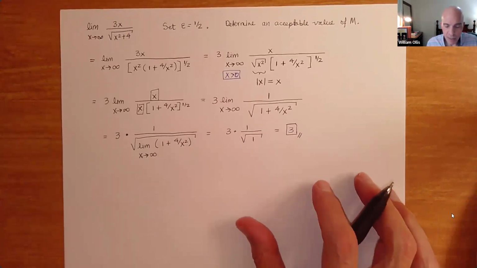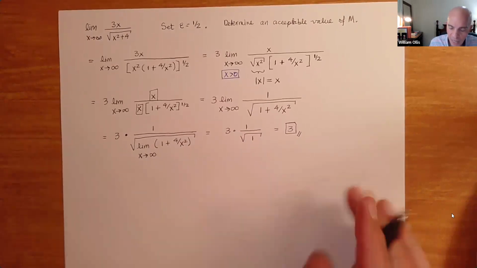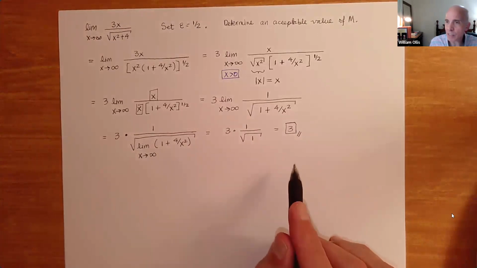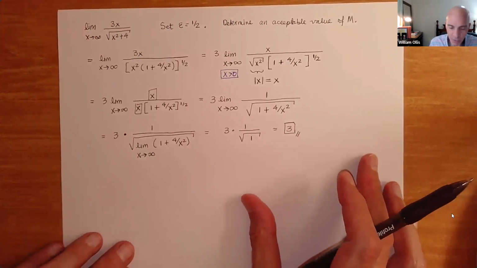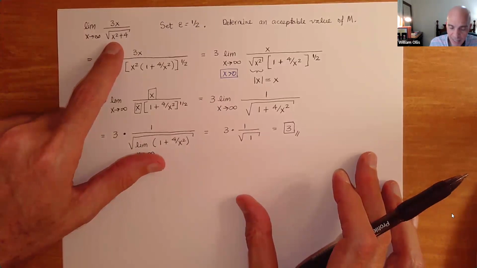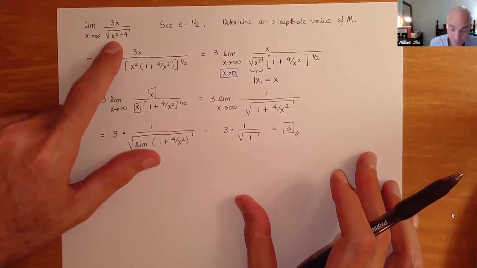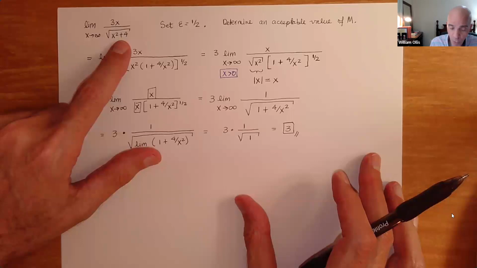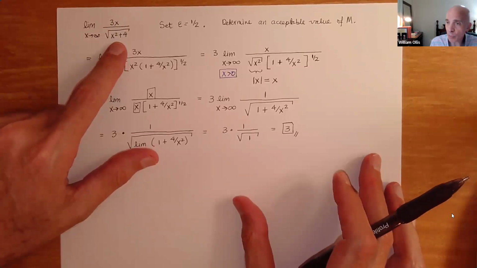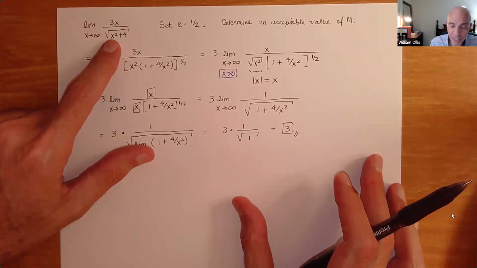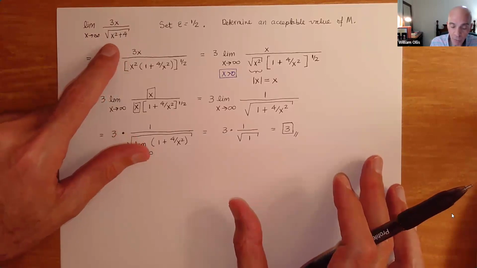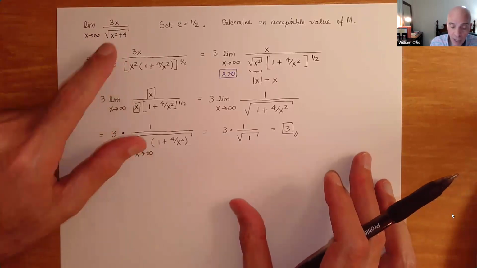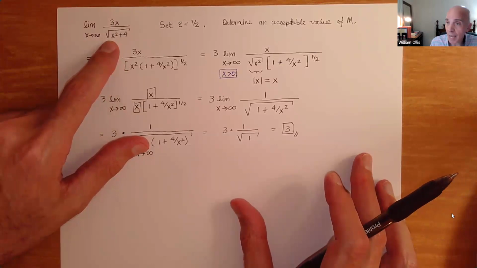Now, the reason that we want to look at this particular example is that it reminds us of rational functions. It's not exactly the same, but very similar. What we can see is that as x becomes large, the square root of x squared plus 4 basically behaves as the square root of x squared. And so we can also see that if we were to tend to negative infinity, we would get a limit of -3 in this case, because of course the absolute value of x would be the additive inverse of x.